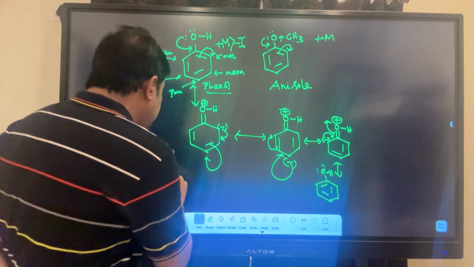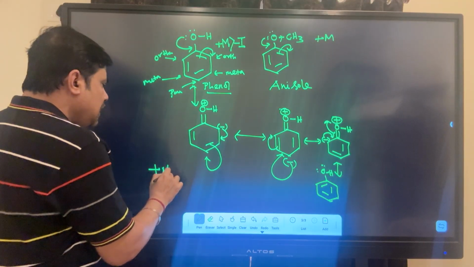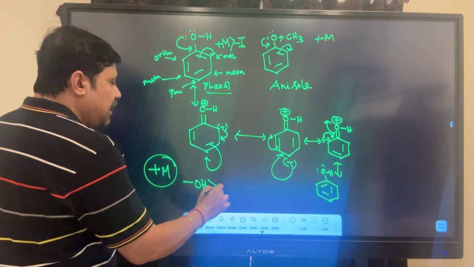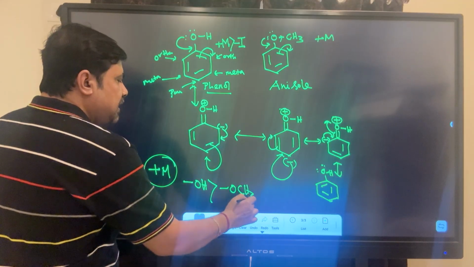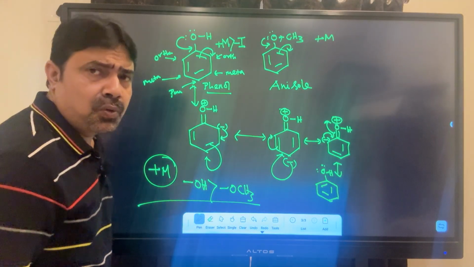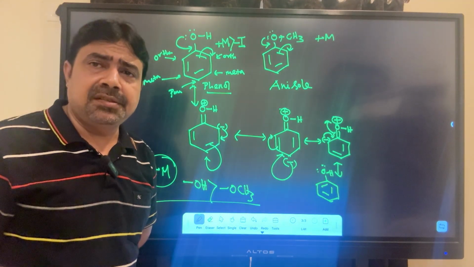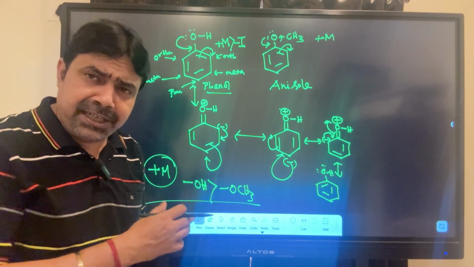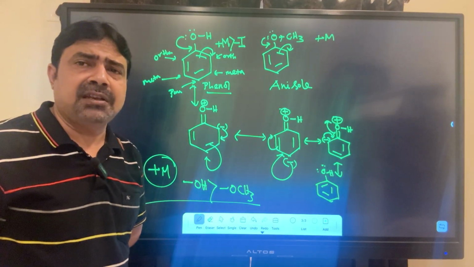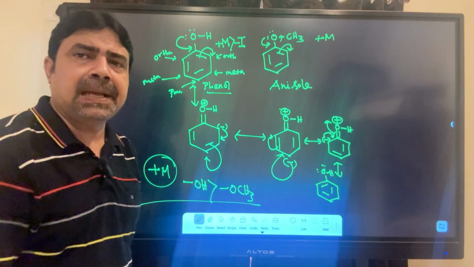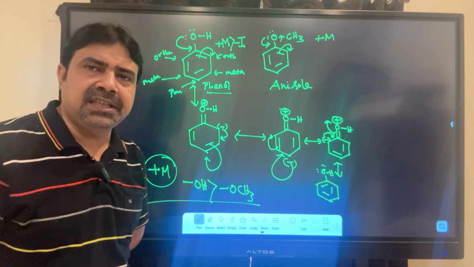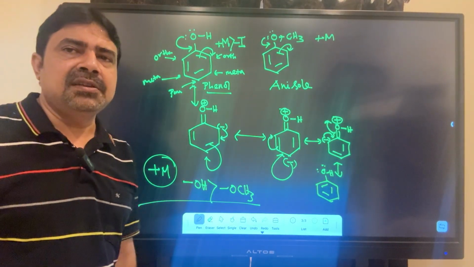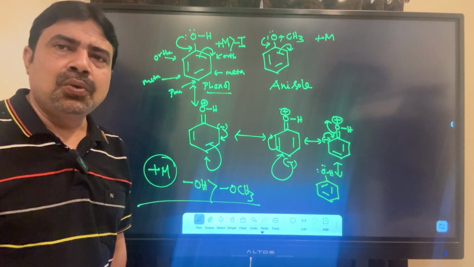So as far as +M effect is concerned, OH will be greater than OCH3. Why? Because carbon, compared to hydrogen, withdraws a little more towards itself. That's why the releasing capacity of OCH3 decreases, and OH has a more +M effect compared to OCH3.